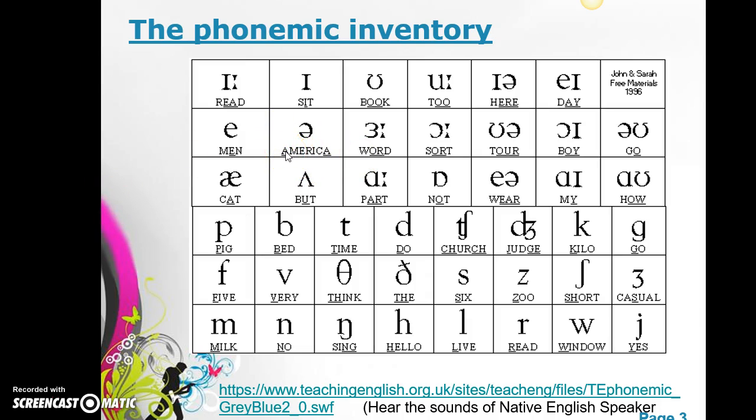Some Americans might say America, use the R sound, but Brits would just say America. So this schwa sound, this inverted E sound, is a relaxed sound, and you find it in syllables that are not accentuated, not stressed. You can't really find it in a stressed syllable.